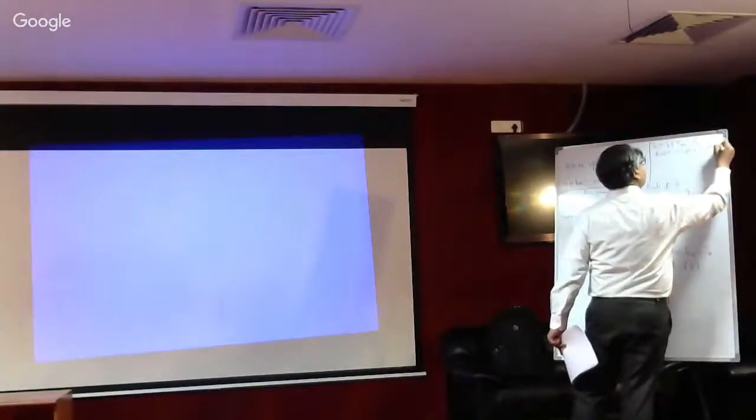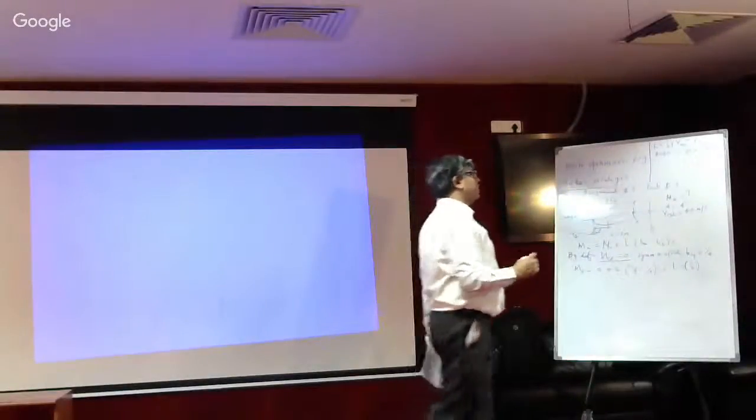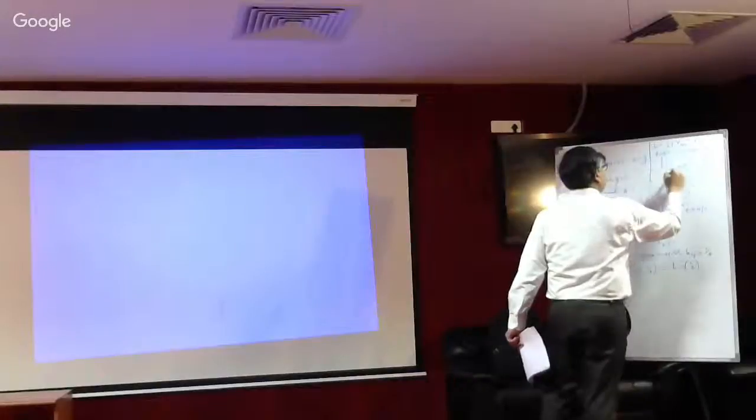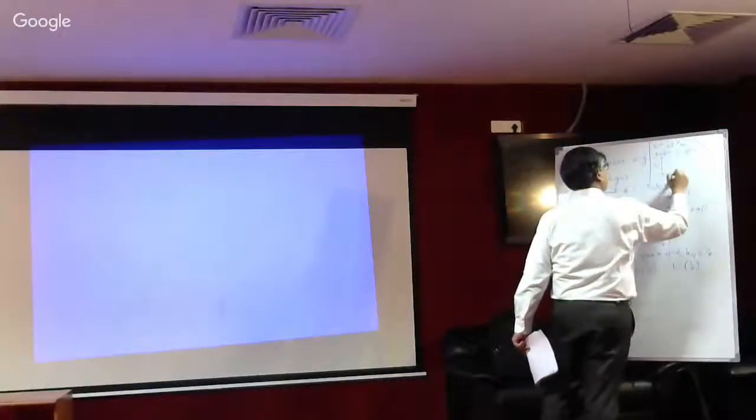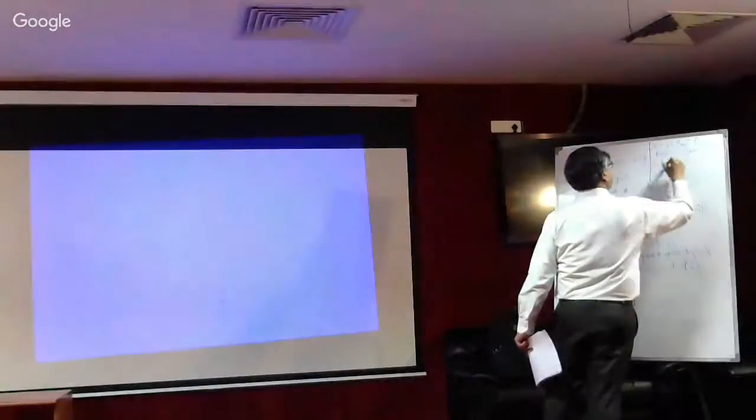In this region, if you recall, the lift coefficient looks something like this. So CL versus alpha is almost linear, and then it goes like this. So you're in this region.